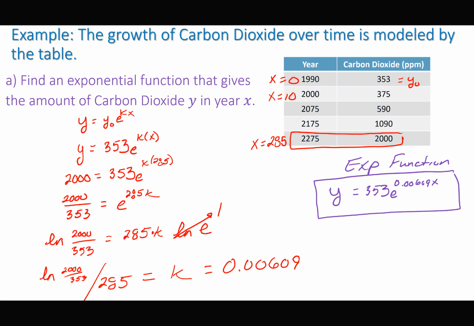So we had to do all that work to figure out what k was using x's and y's that we already know. Now this function, if you told me out at year 5,000, I could tell you then what the carbon dioxide levels will be based on this table, based on this trend. Okay.